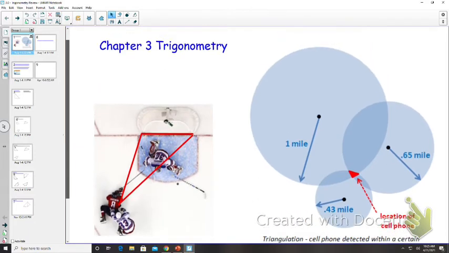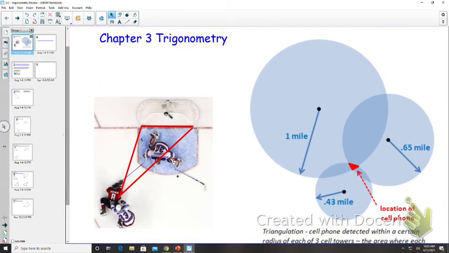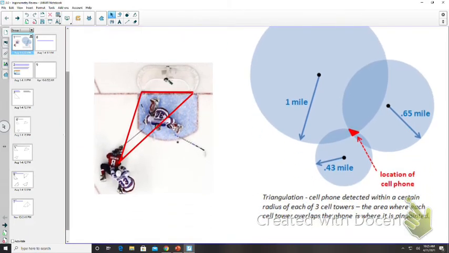Okay, so that's what we're getting into now. We use applications of triangles for a lot of things. Triangles are the strongest structural shape, so we use triangles for a lot of buildings and structures.